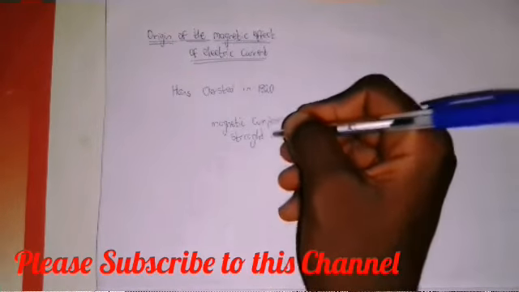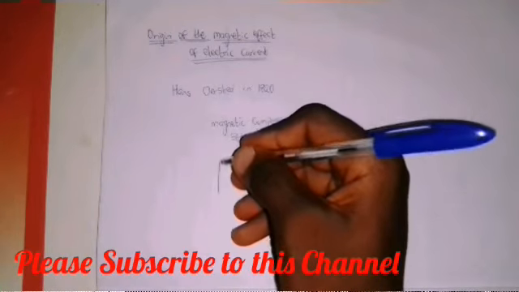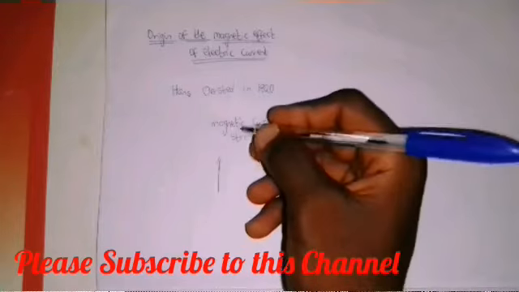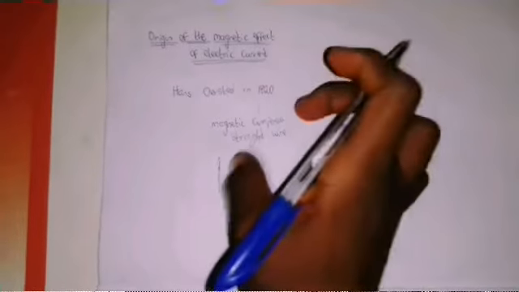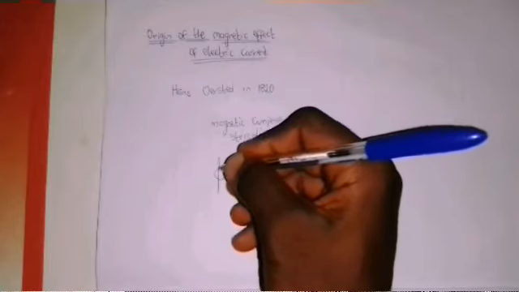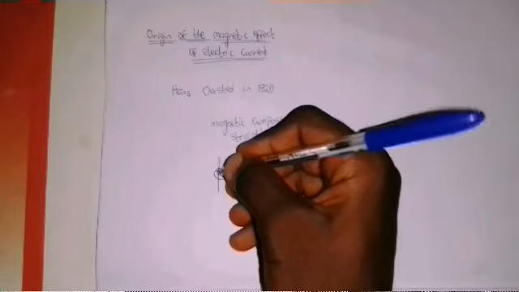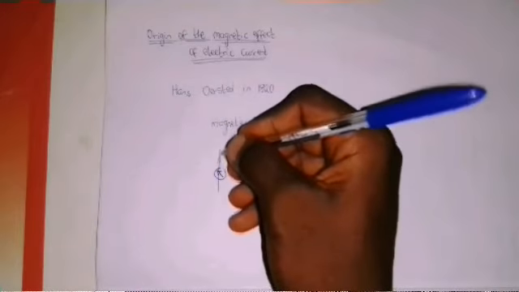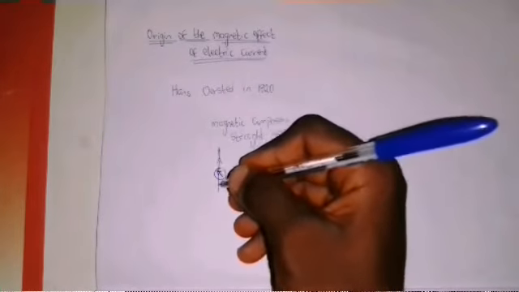He passed current through the wire, and then he discovered that the magnetic compass was deflected because the magnetic compass was connected to the straight wire. So something like this: the magnetic compass is in this direction, and this is the straight wire. This is indicating the direction of current.